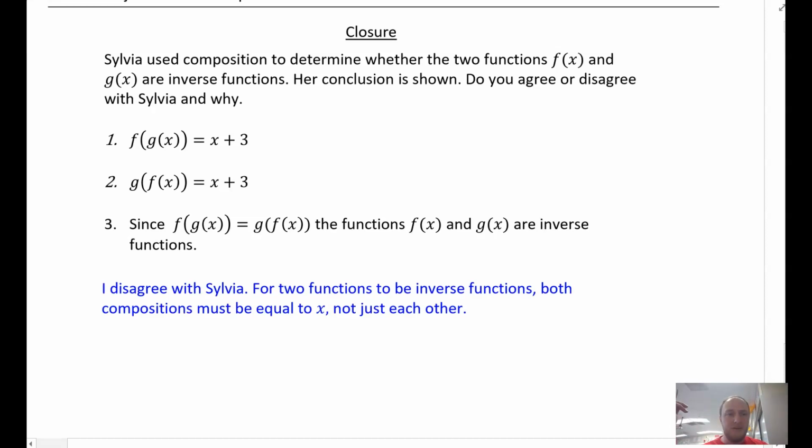Well, the first step, f of g of x is equal to x plus 3. We don't want it to equal x plus 3. We want it to equal just x. You want to get out what you put in. So in step 2 it equals x plus 3, and her conclusion is that since they're equal, they're inverse functions. Well, Sylvia, I'm sorry, that's not right. It has to be equal to x.